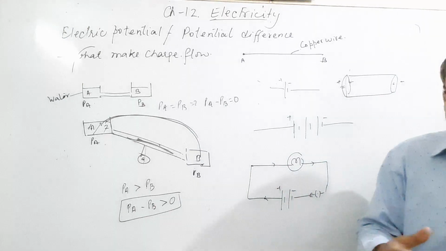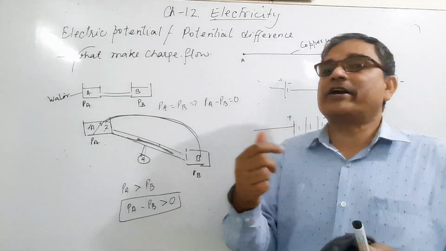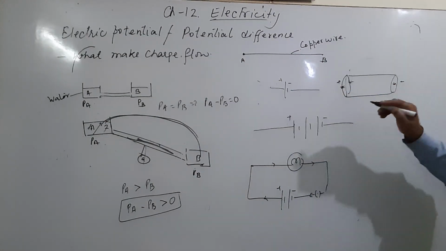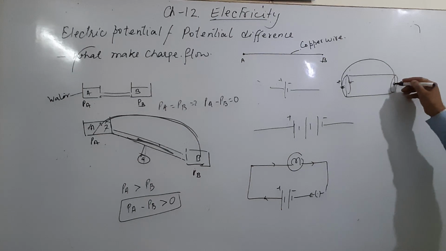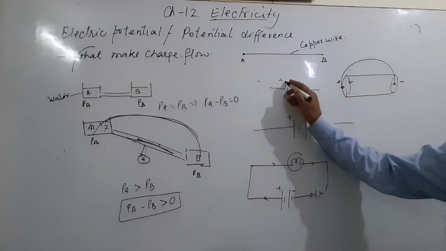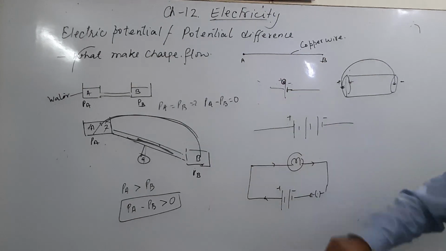Due to the chemical action, the potential difference will be generated across its ends, positive and negative. The potential difference at the positive side is more than at the negative side.